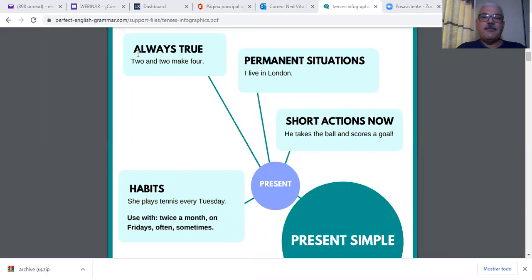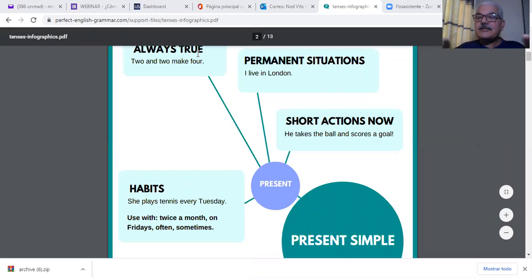First, when we talk about something that is always true, okay? So we say 2 and 2 make 4, right? The sun also rises. It's true. One day after another, we will have the sun going up to the horizon. Then we also use it for permanent situations, like this one.